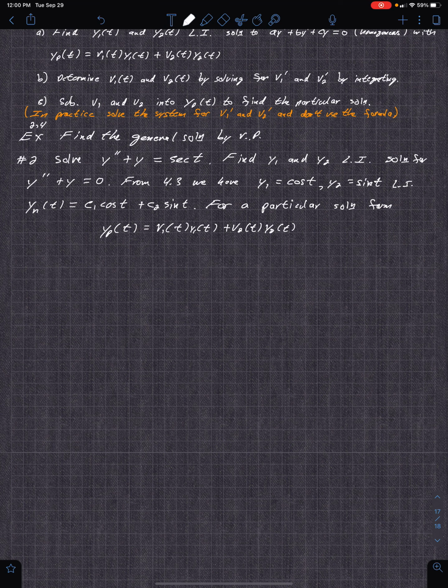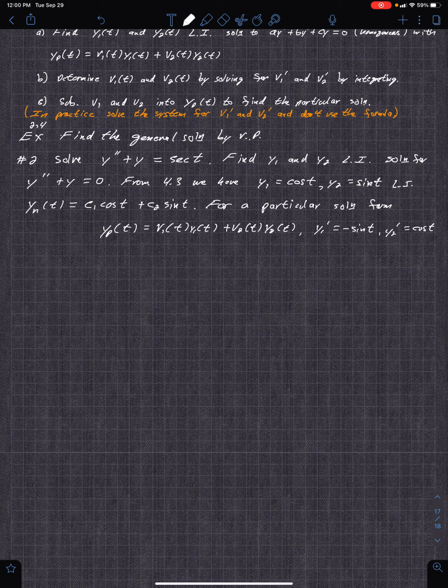So we have our y1 and y2. So we need the primes. So y1 prime is negative sine t, and y2 prime is cosine t.